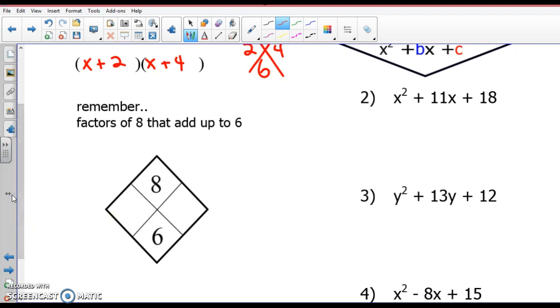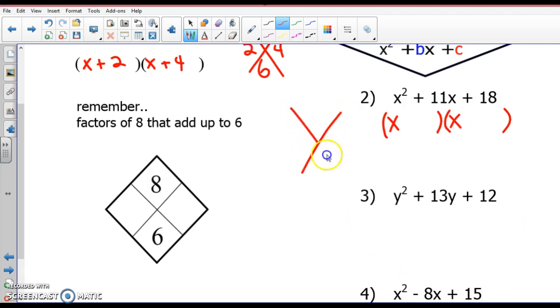Okay, here we go. Again, is this in standard form? This is your basic trinomial because the x squared term has a coefficient of 1. So, you are going to factor this by undoing FOIL. How does x squared factor? X and x.